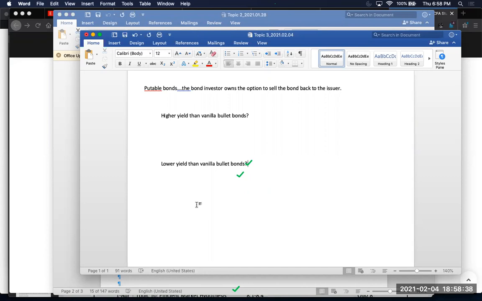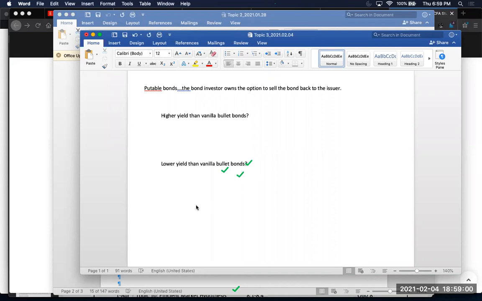So the bond investor owns the option. They would sell it back if interest rates went up. The bond issuer would have to repay and issue new bonds at a higher interest rate. It is an option that is owned by the investor.